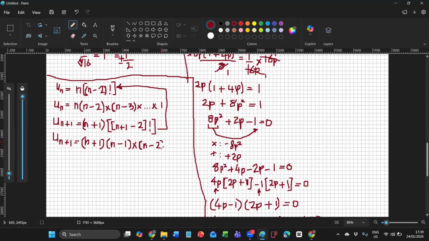Yes. And then, to show that they're identical, I'll just go ahead and do the next one, n minus 3, and then dot, dot, dot.